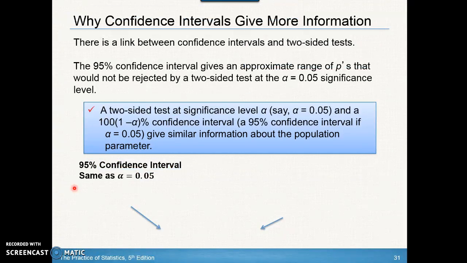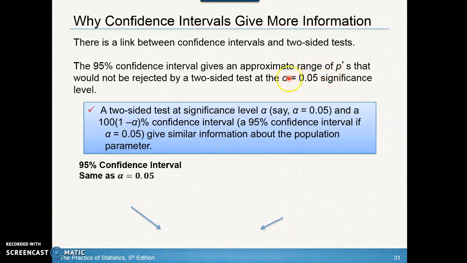Okay, so the 95% confidence interval gives an approximate range of proportions that would not be rejected by a two-sided test at the alpha is 0.05 significance level. So 95% confidence interval, the 1 minus that is going to give your alpha region. Think about that, 95% confidence, that's the middle of your curve. 5% of the time it's going to be outside of that, so that's our rejection region.